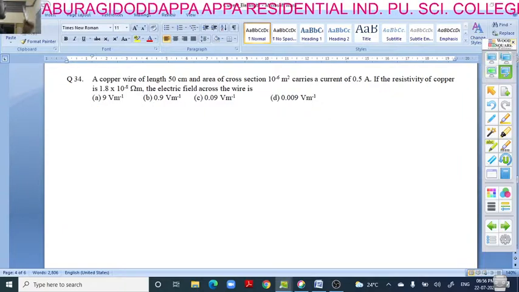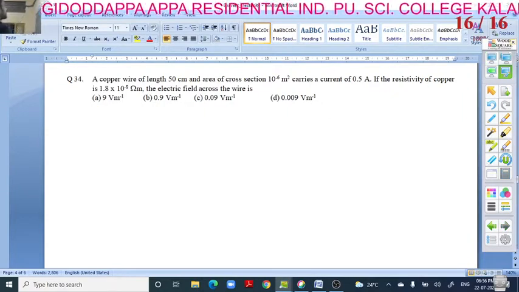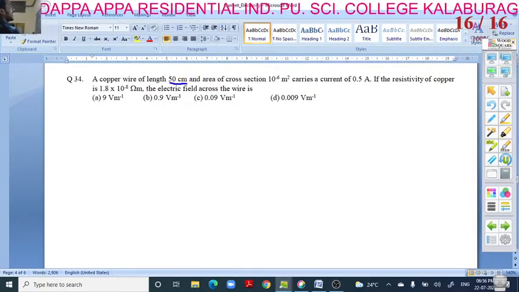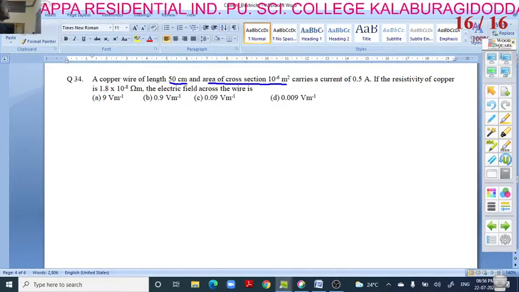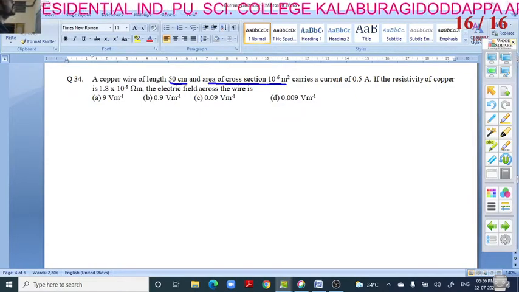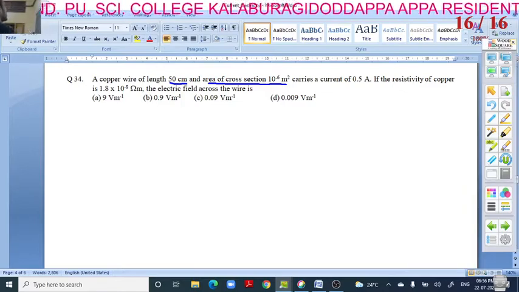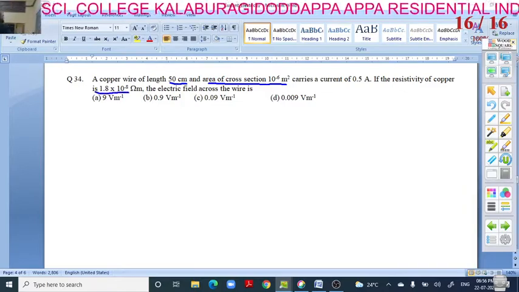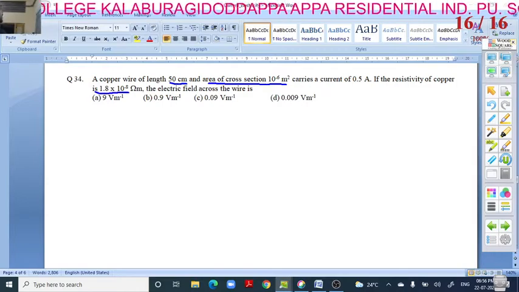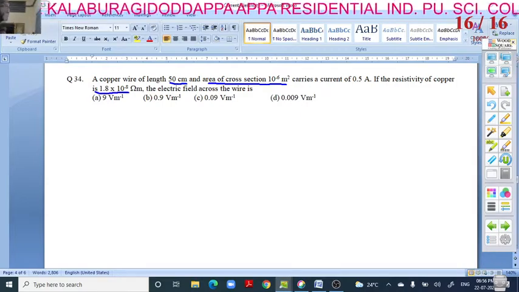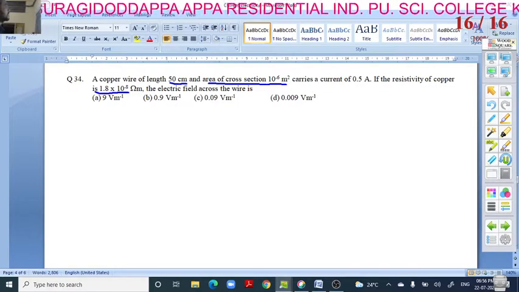A copper wire of length 50 centimeter and area of cross section 10 to the power minus 6 meter square carries a current of 0.5 ampere. If the resistivity of copper is 1.8 into 10 to the power minus 8 ohm meter, find the electric field across the wire.